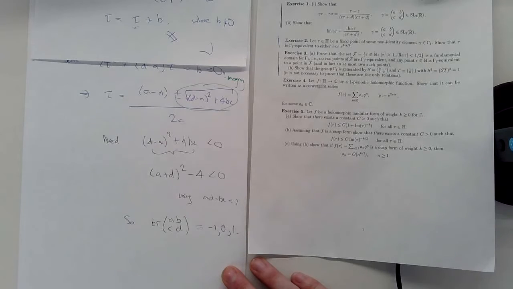And so we can really just now go through the cases. So we take A plus D to be 0.